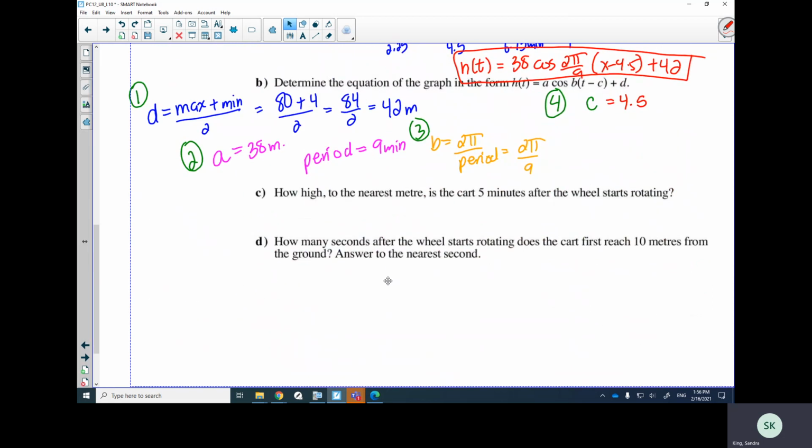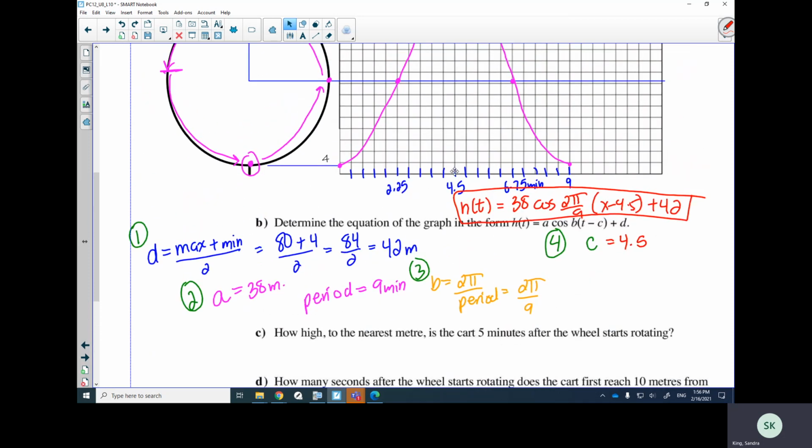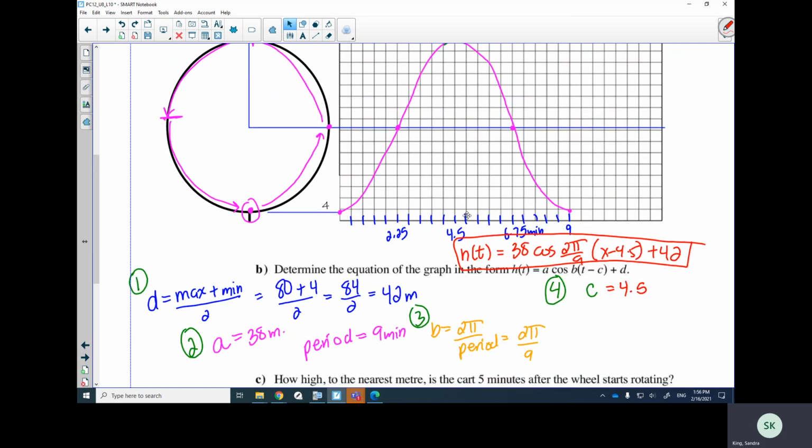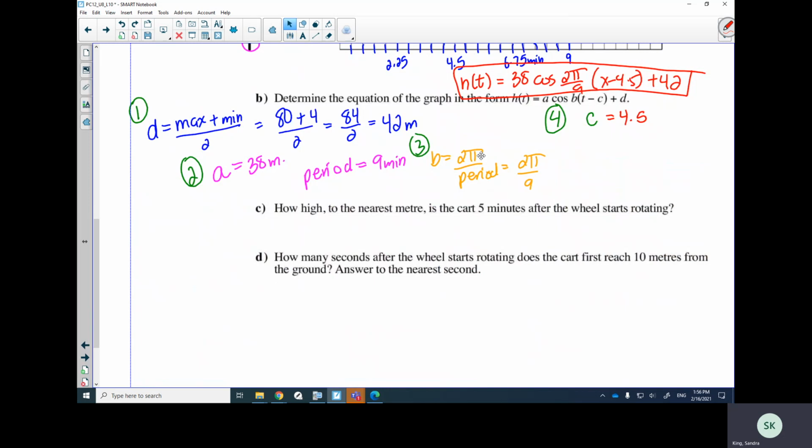C, how high to the nearest meter is the cart 5 minutes after the wheel starts rotating? So they want to know, here's 4.5 minutes, 5 minutes, what's going to be the height of the cart? So I want you to punch in on your calculators. The height of the cart at 5 minutes is equal to 38 cos 2 pi over 9.